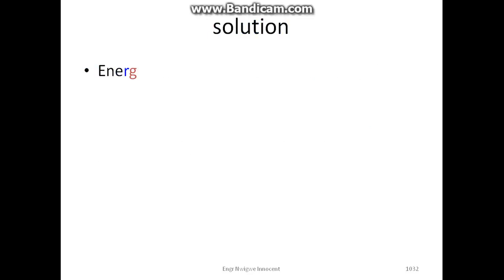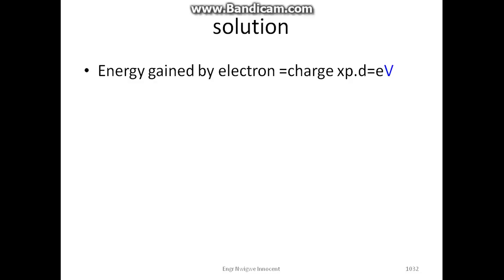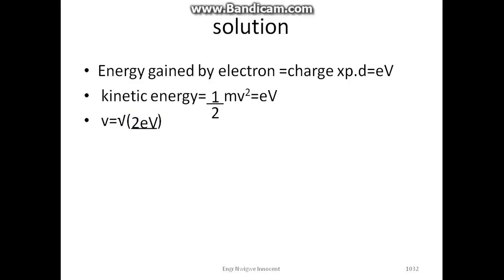Solution. Energy gained by the electron equals charge times potential difference, which equals eV. Kinetic energy is equal to half mv squared, which is equal to eV. v is equal to the square root of 2eV over m.